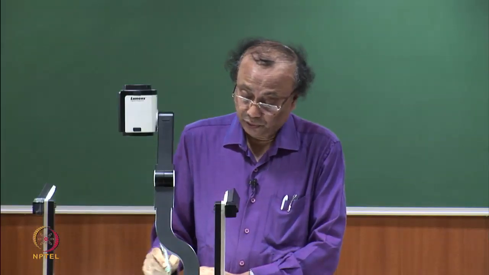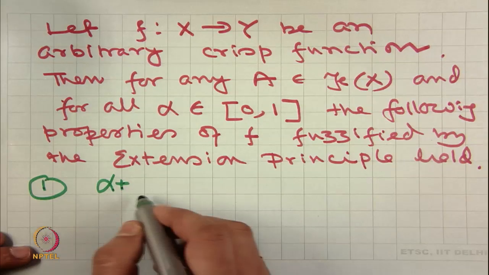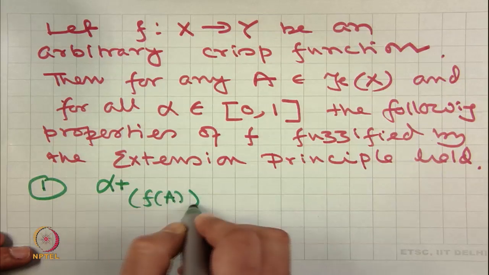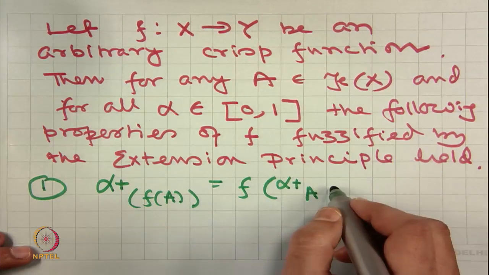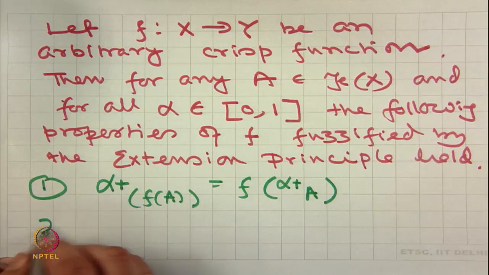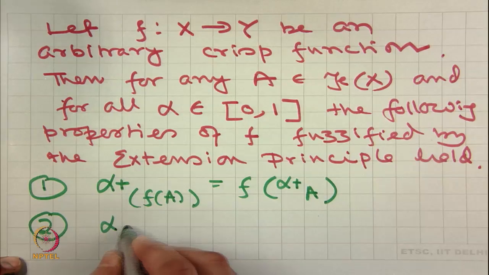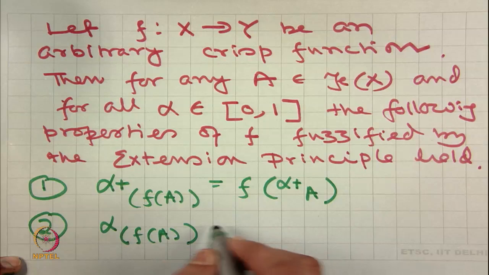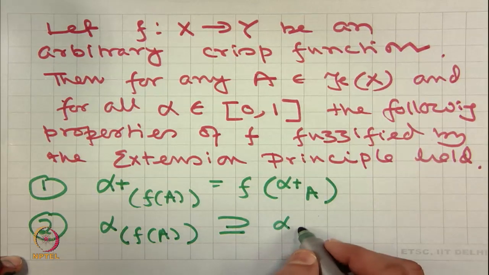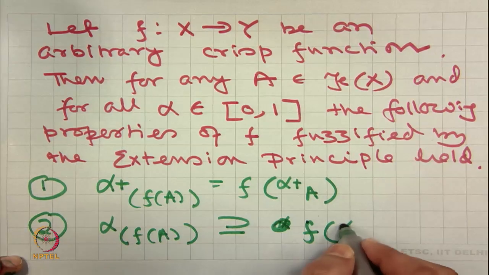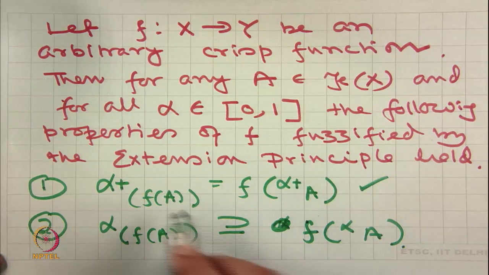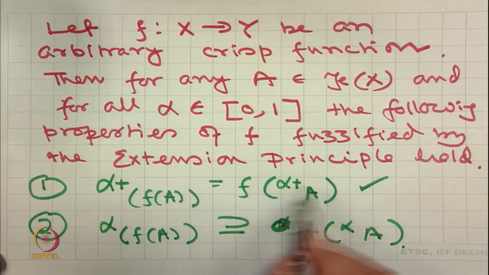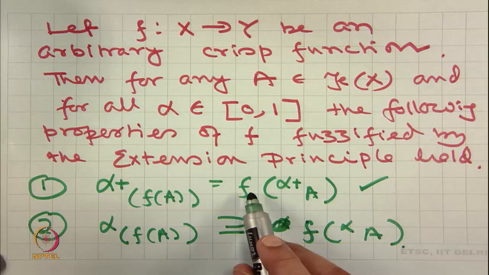What are these? One is that alpha plus cut of f of A is equal to f of alpha plus cut of A, and the second property is alpha cut of f of A contains f of alpha cut of A. So, this says that we get alpha plus cut of f(A) through alpha plus cut of A's and applying f on them.